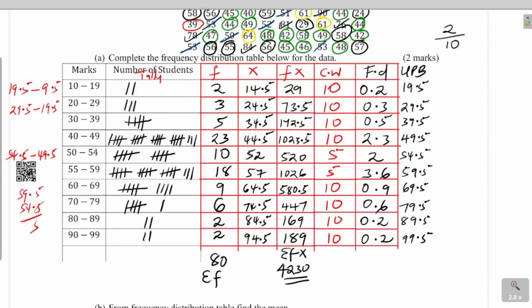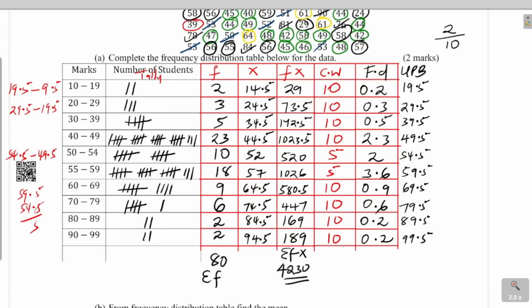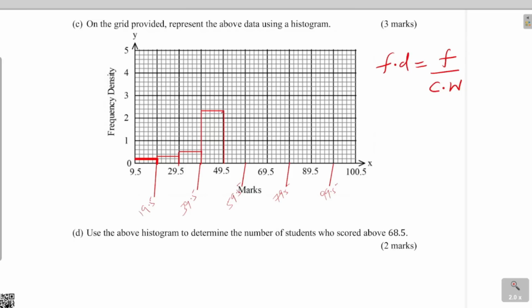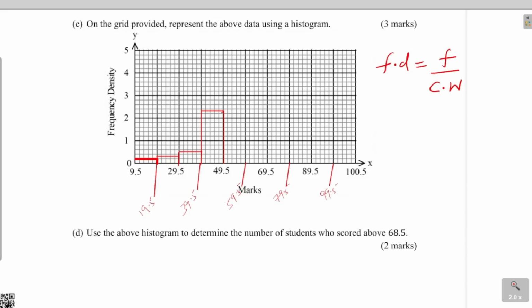And then the other one goes up to 54.5. The frequency density is 2. Is it 54.5? Yes, it is 54.5. So you need to understand the size of one small square on the x-axis.